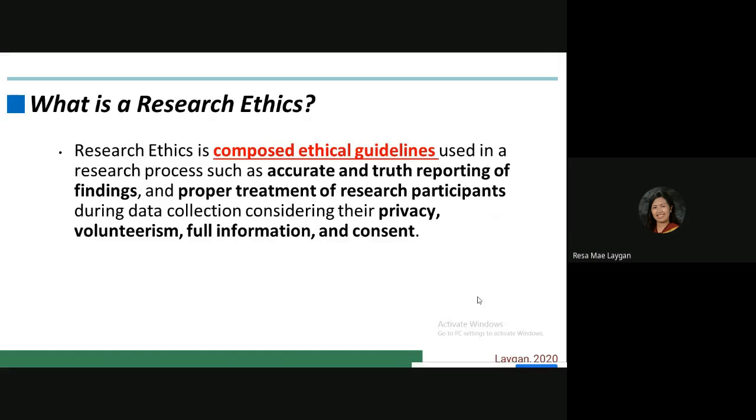So it's not just about the truthful reporting of findings, but also the proper treatment of the research participants, especially if you are going to do primary data collection. During the data collection, you have to consider the privacy, the voluntariness, the full information, and the consent of your respondents. You have to take note of all of this.